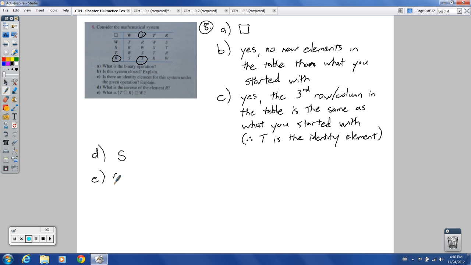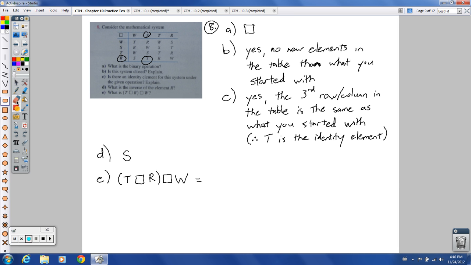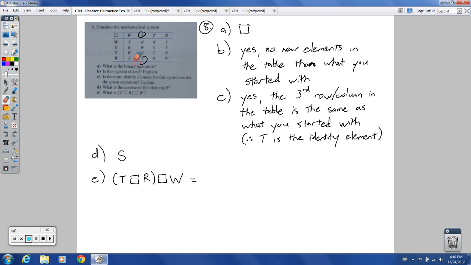And then what is t square r first, and then square w. So t square r, let's get rid of the writing there, okay, just to make this a little easier to see. T square r gives me r. And so I would write down that this is the same thing as r square w.